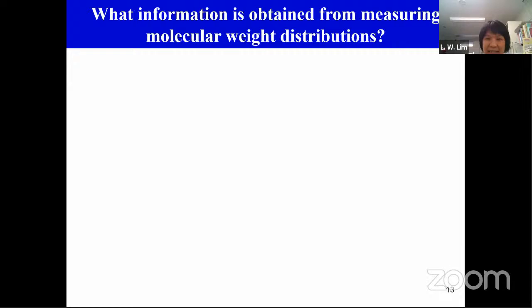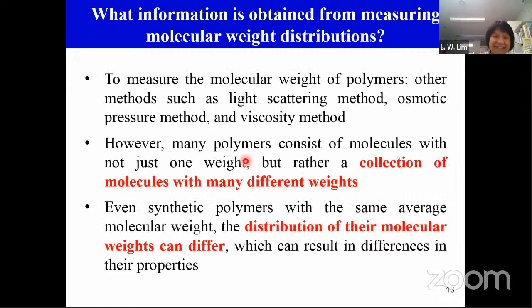Well, actually, usually the much easier way to measure the size is the light scattering method. Light scattering is like you just put something, for example a liquid, and you use a light.